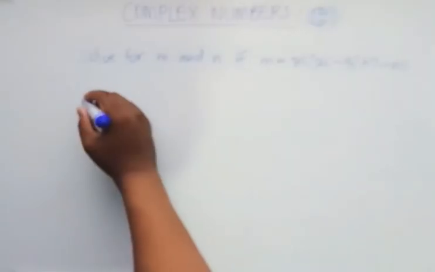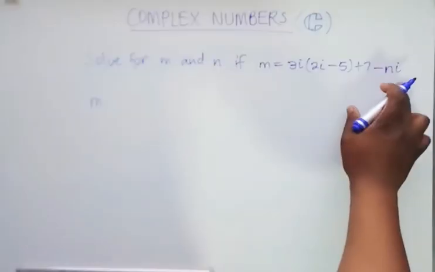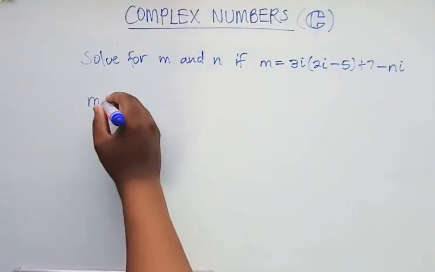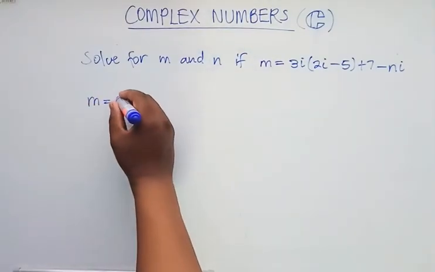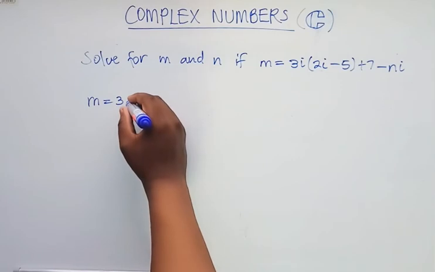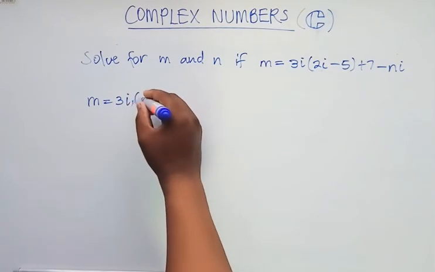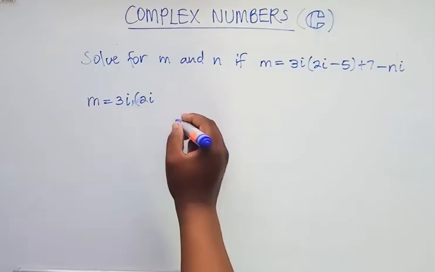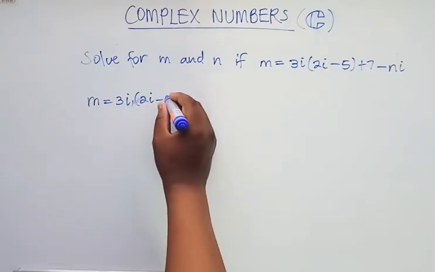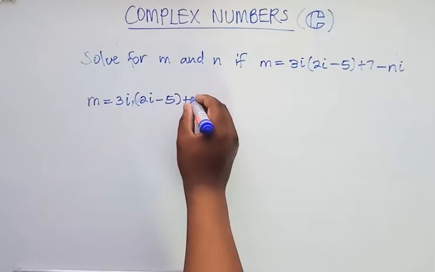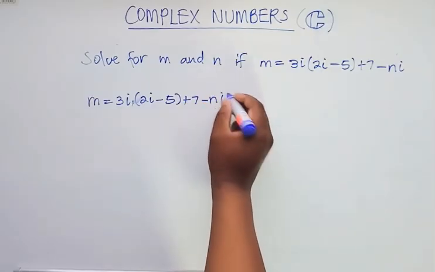The first thing that you do in mathematics, whenever you see brackets, it means multiplication, and that's exactly what you do. So I'll just rewrite this and move it here in the middle. m is equal to 3i into (2i minus 5) plus (7 minus ni).